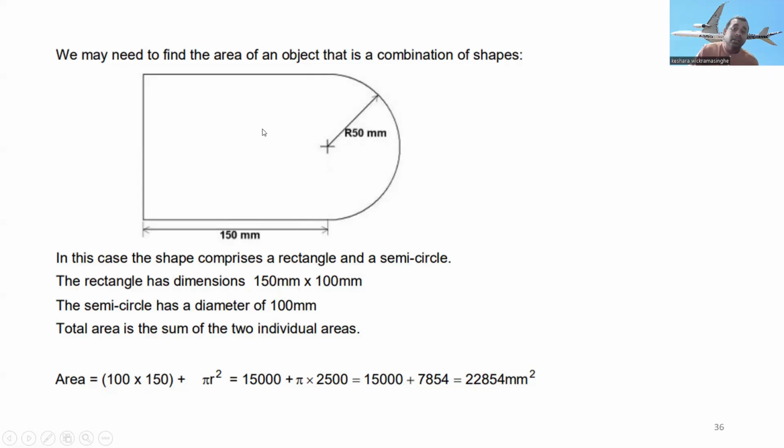Then the whole area of this diagram is around 22,854 square millimeters, right?